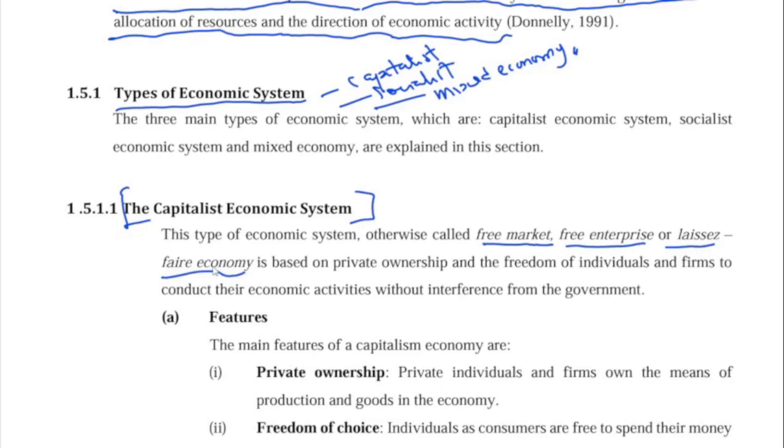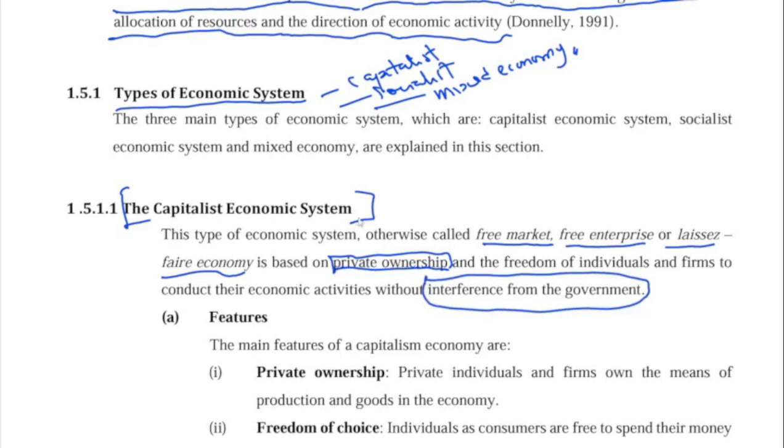It means private ownership: companies have ownership over what to produce, or what to buy, without interference from the government.